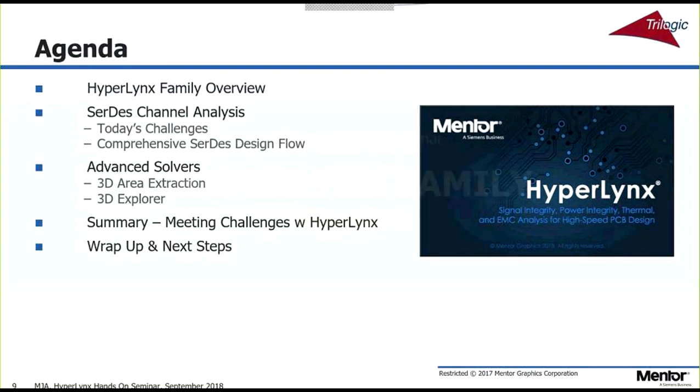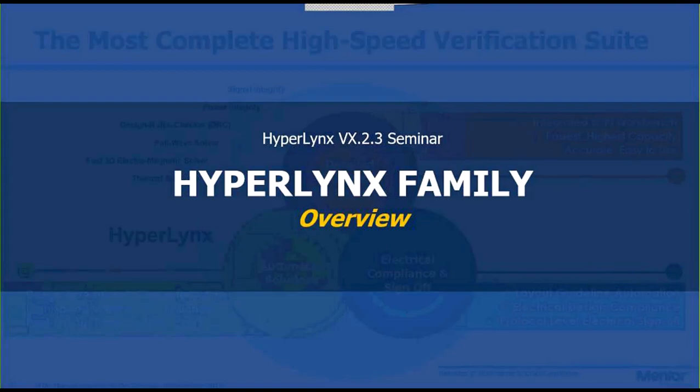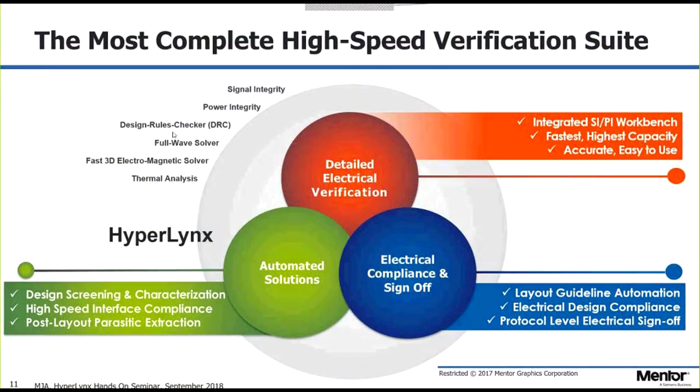So we'll go ahead and get started with the HyperLynx family here. Looking up here in this top corner, the list of the different types of analysis that HyperLynx can now cover. We started off with the HyperLynx SI. That was the original mainstay for HyperLynx. Power integrity tools were developed on top of that.